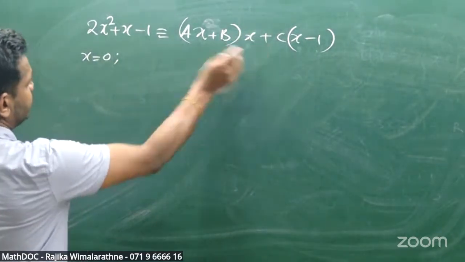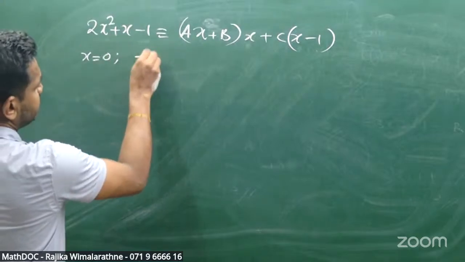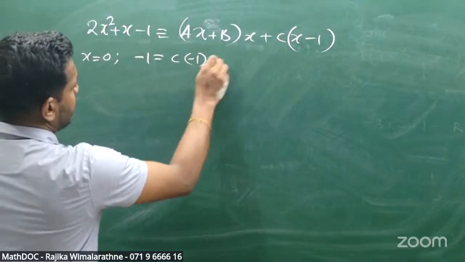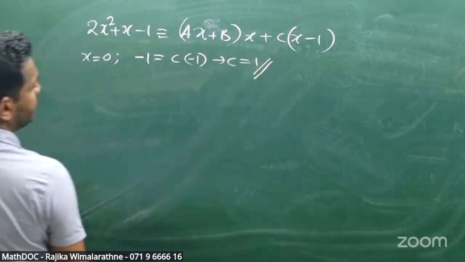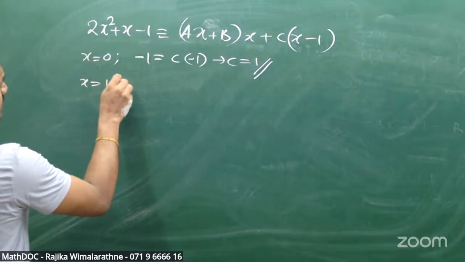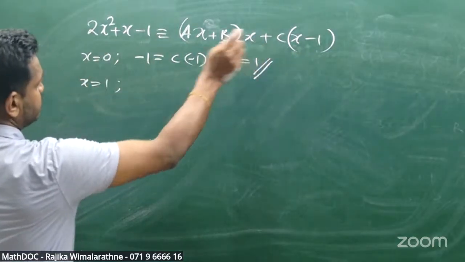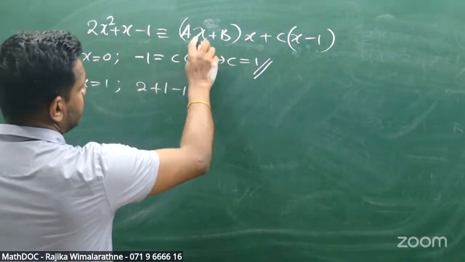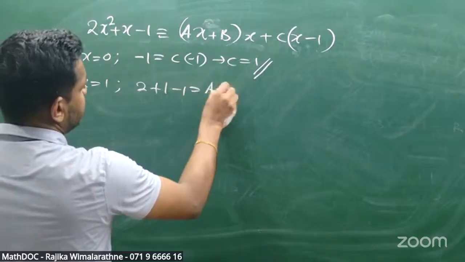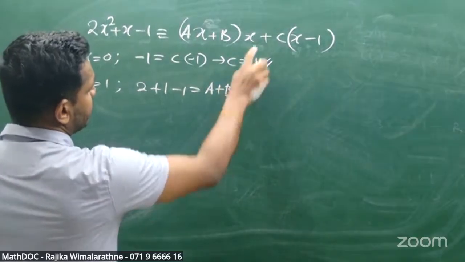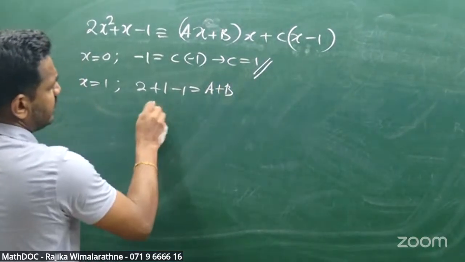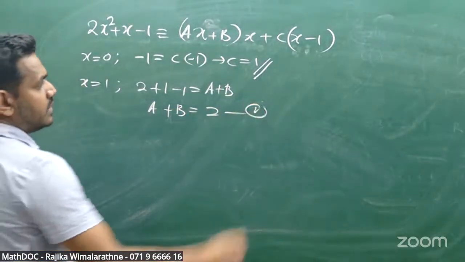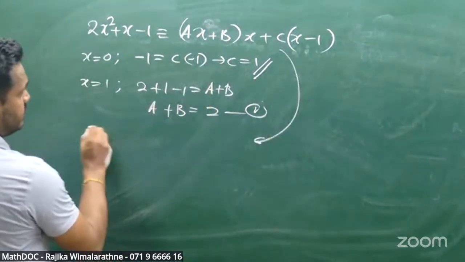Then the left side is minus 1, this part gets 0, and c times minus 1 gives c equals 1. Then substitute x equals 1 because of this factor. Then 2 plus 1 minus 1 gives 2 on the left, here a plus b, so a plus b equals 2.